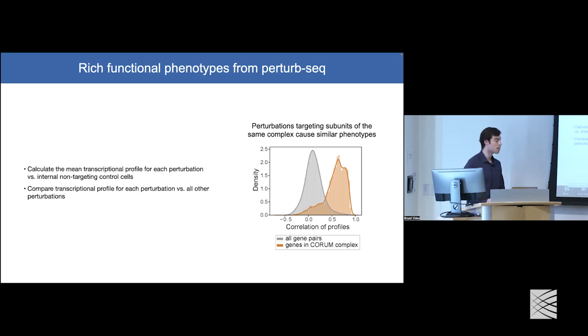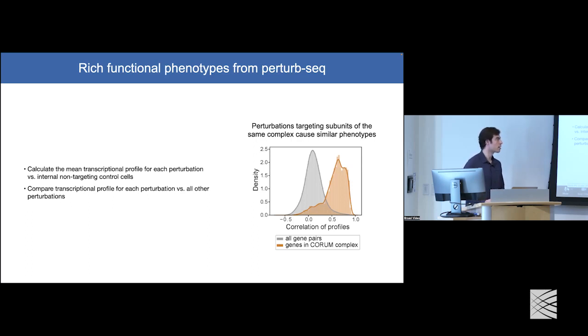In this case, we use the CORUM dataset of protein complexes. The idea is that if you target two genes that are both essential subunits of a protein complex, then targeting either of those two genes should basically cause the same transcriptional response. And we can assess that by similarity metrics.